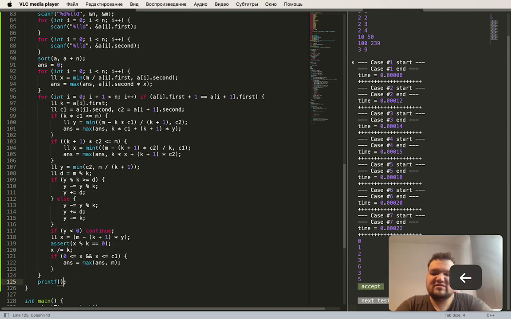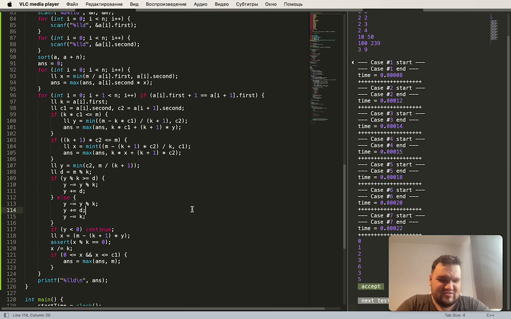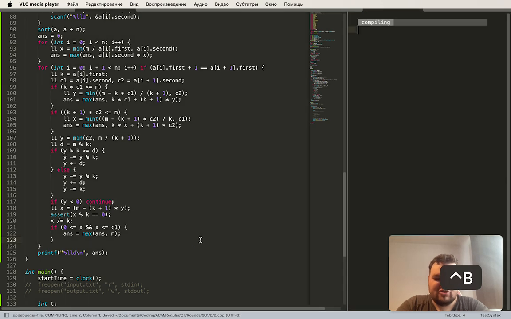And now print it. I'm not sure what we should print if it's impossible to do anything. I guess we can always take nothing. So 0 is an okay value to start, but we should check the statement.